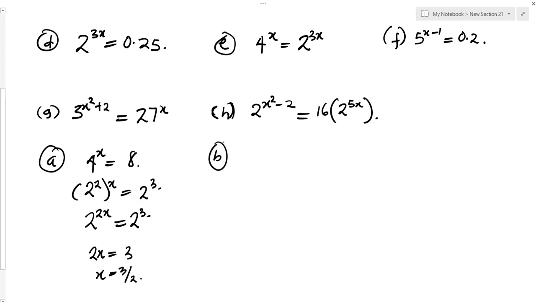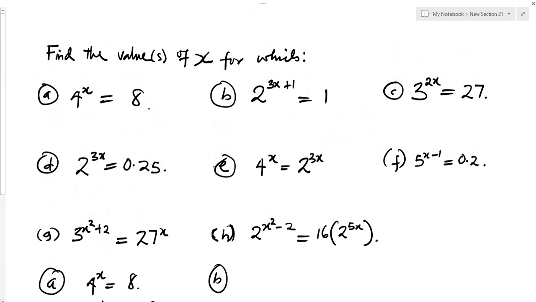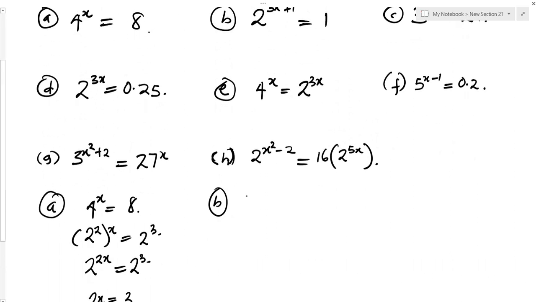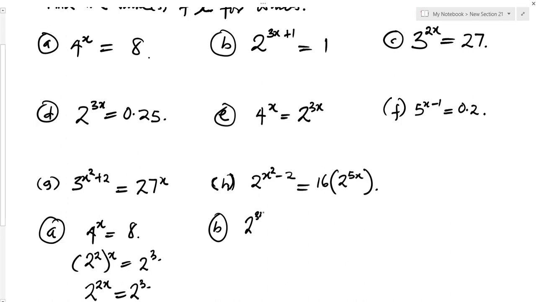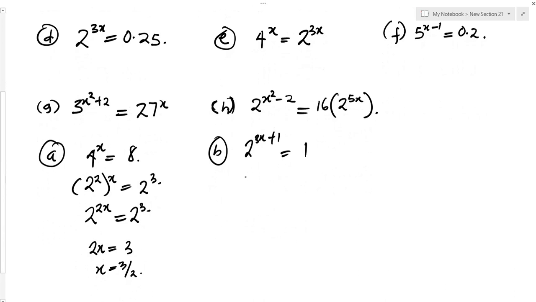Then for b, you have 2 raised to power 3x plus 1 equal to 1. Now that means you have 2 raised to power 3x plus 1, and 1 is the same thing as 2 raised to power 0, because anything raised to power 0 is equal to 1.